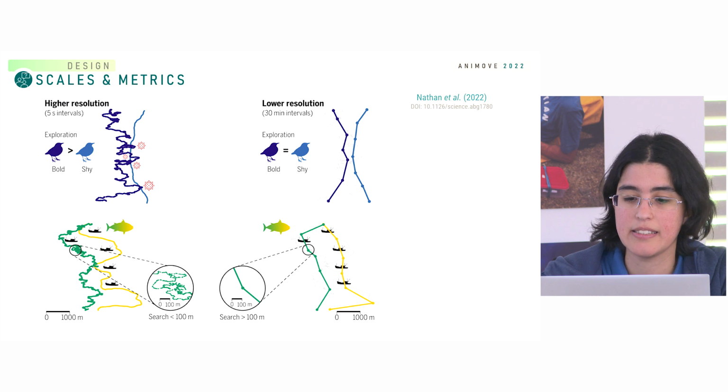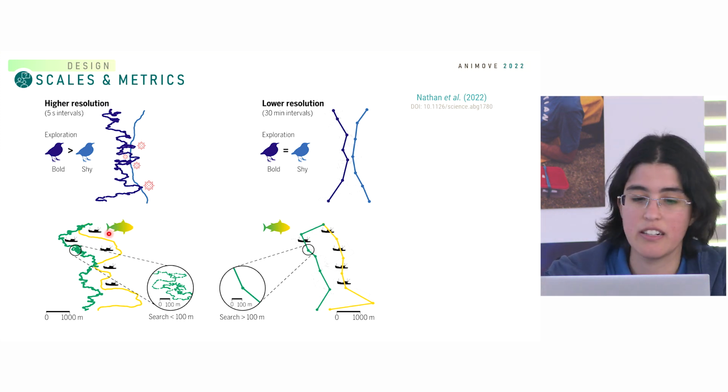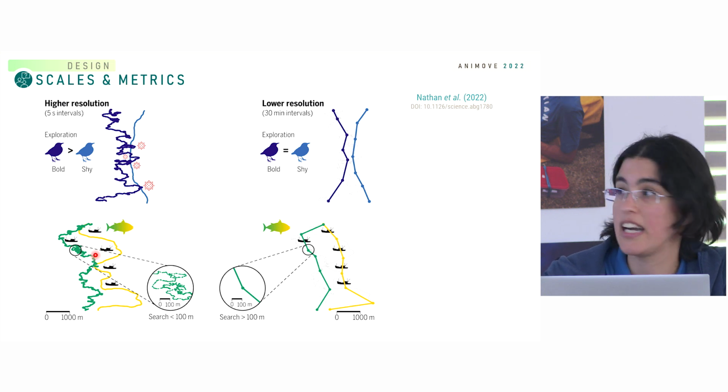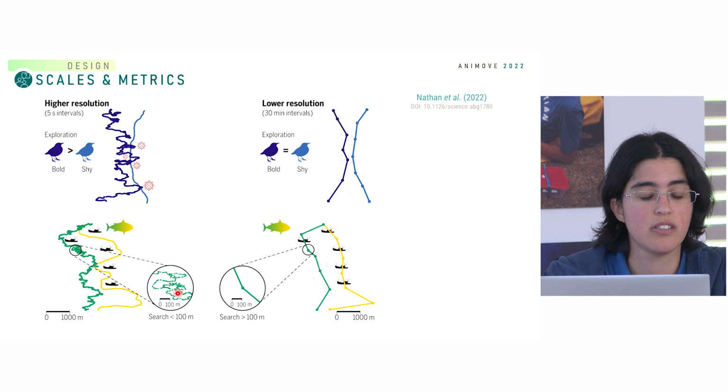In the second case, the question is whether fish are avoiding fishery vessels throughout the landscape. With higher resolution, we see that they are actually avoiding the vessels.